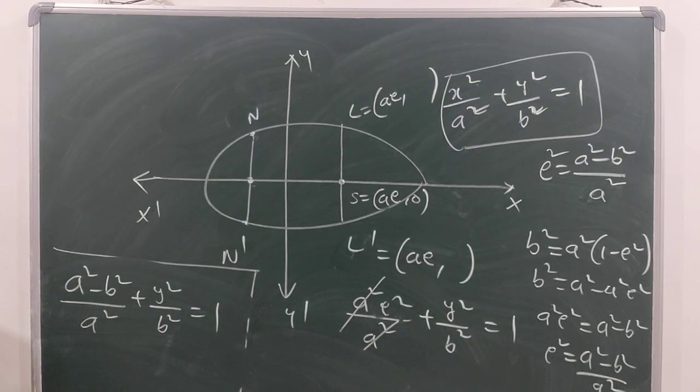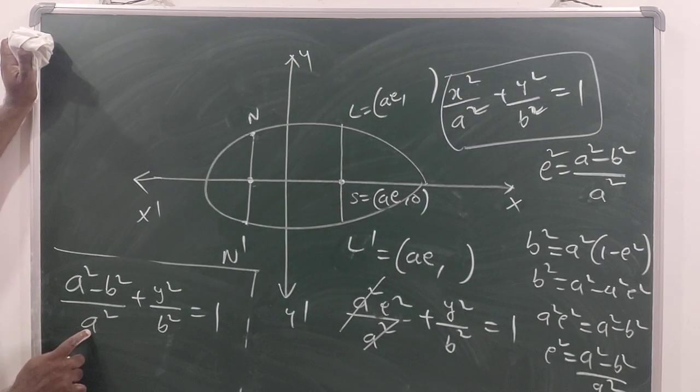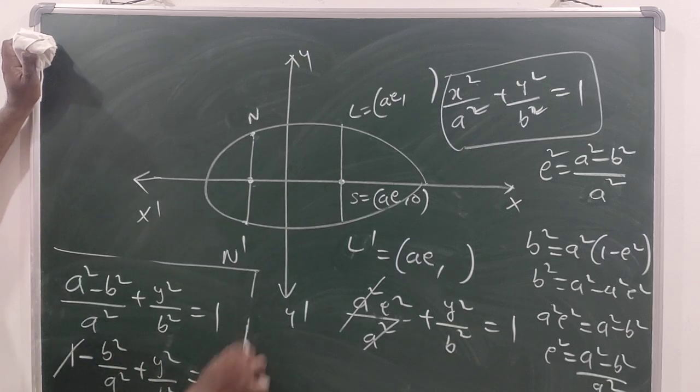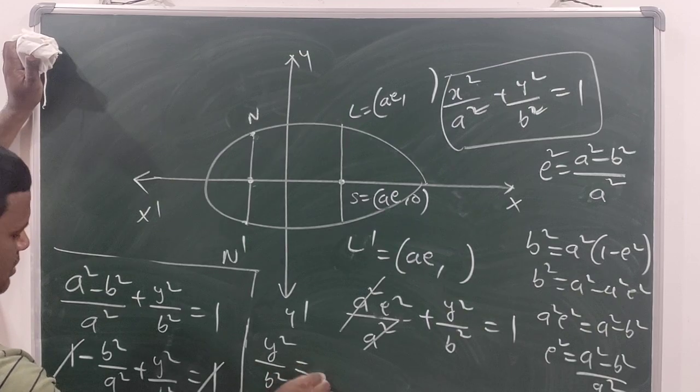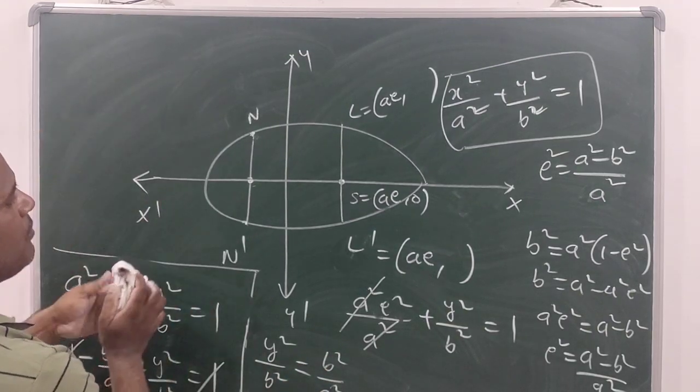Now simplify this. What is the LCM? Here a square. Divide this a square with these two, so that you will get 1. b square by a square plus y square by b square, which is equal to 1. So this 1 gets cancelled. Shift this to the right side, so that here you will get y square by b square, which is equal to b square by a square.